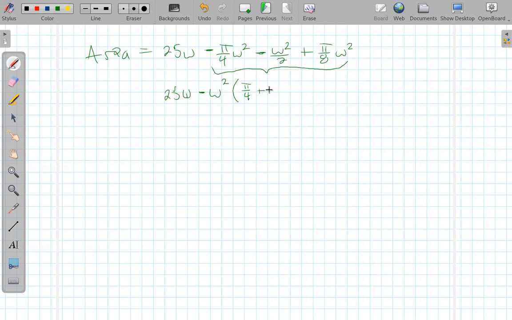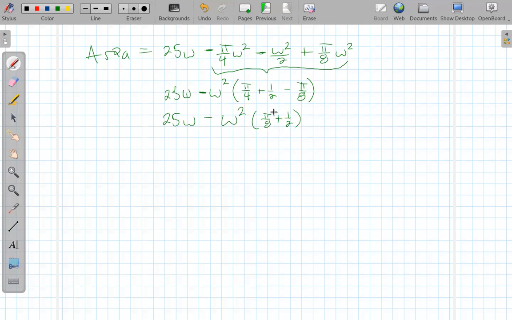So that's going to be a plus 1/2. And then we're factoring a minus, so that would be a minus pi over 8. Again, because that minus is now out front, all the signs change. Pi over 4 minus pi over 8, that cleans up a little bit more. That is pi over 8. So we get 25W minus W squared times pi over 8 plus 1/2.